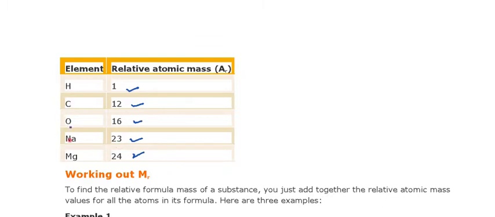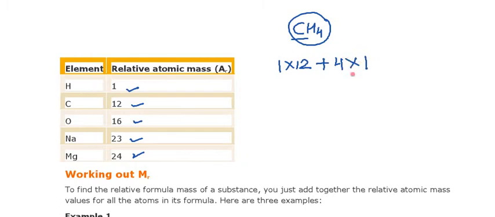And whichever combination you want to make into a formula, say you have the formula CH4. Here the number of atoms of carbon is 1 and its atomic mass is 12, so multiply by 12, and hydrogen has 4 atoms with atomic mass 1, so the overall value is 12 plus 4, which means 16.